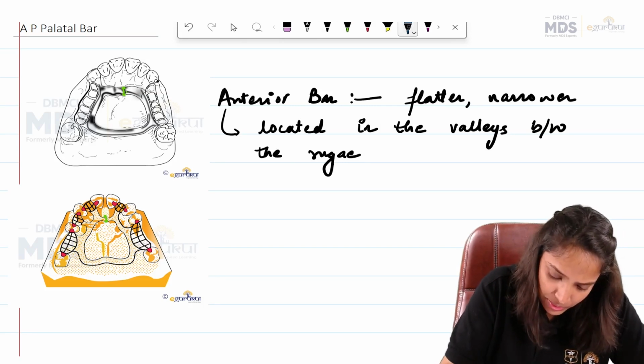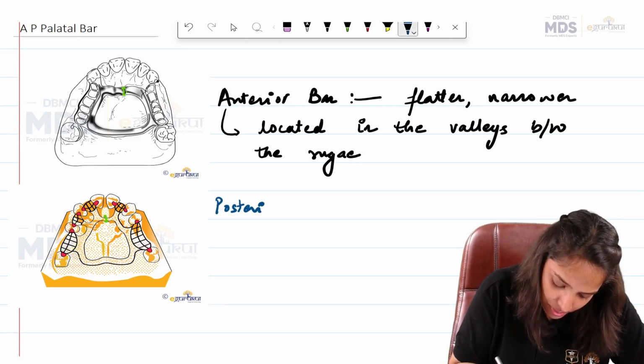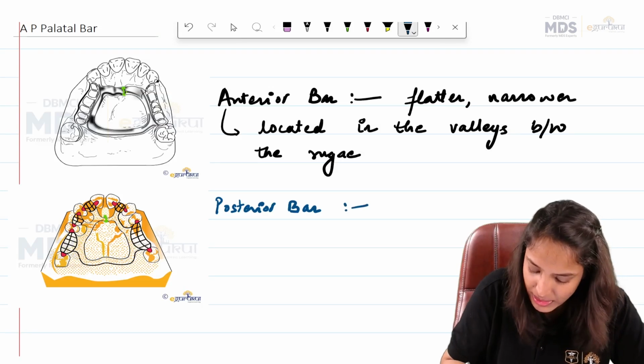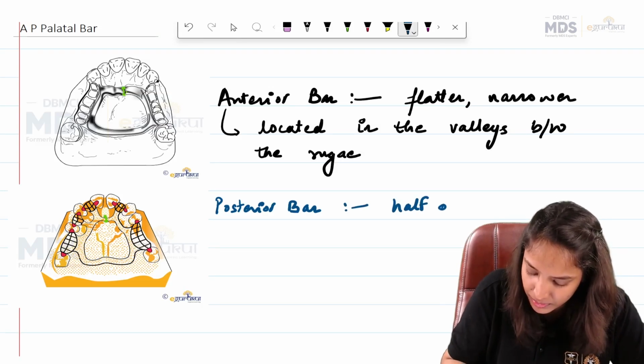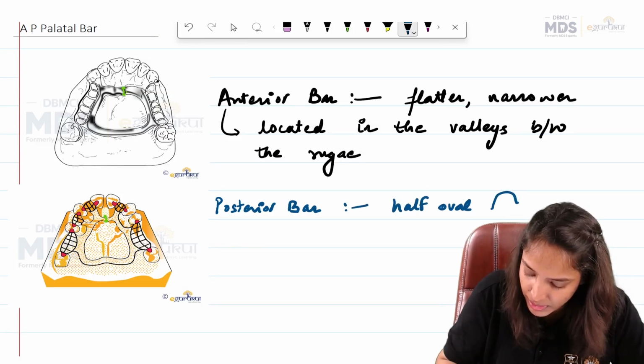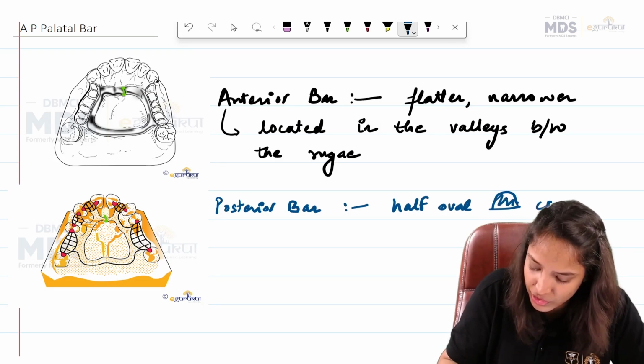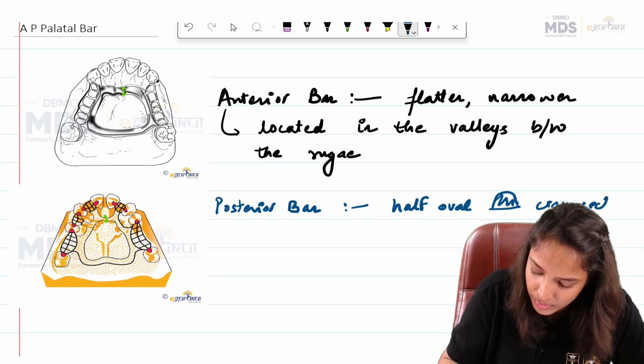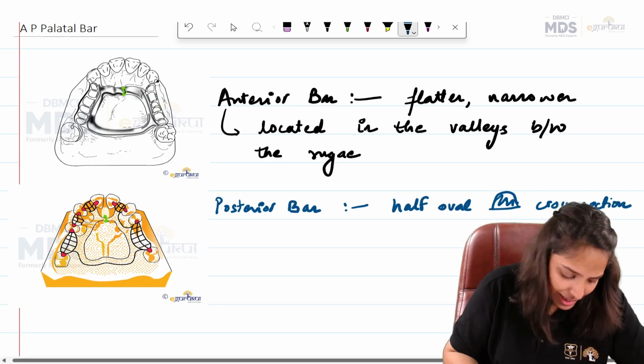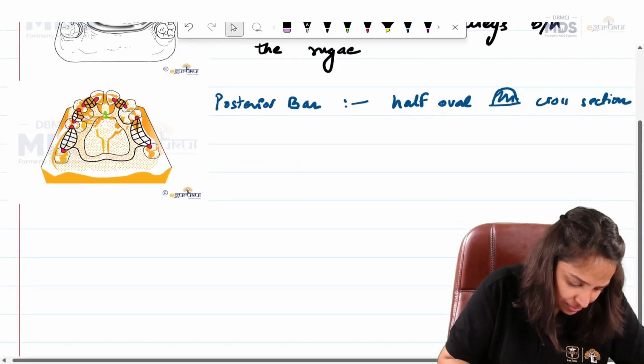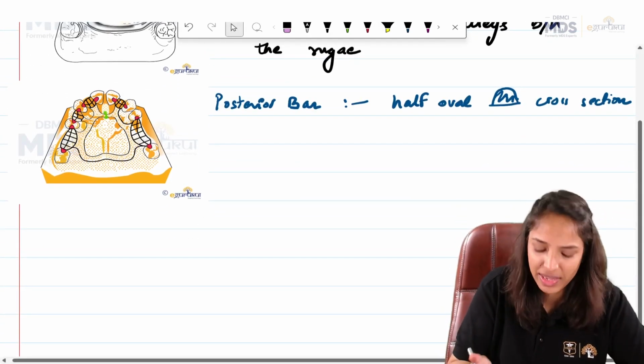Posterior bar now is half oval. It is half oval in cross section and it is located posteriorly in the arch.